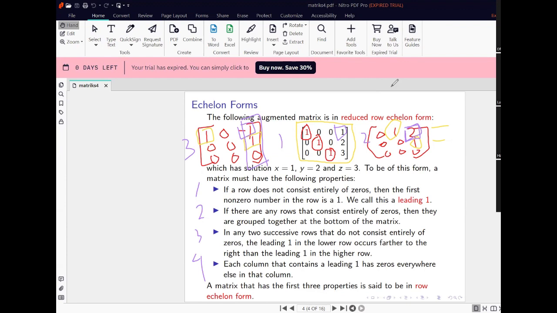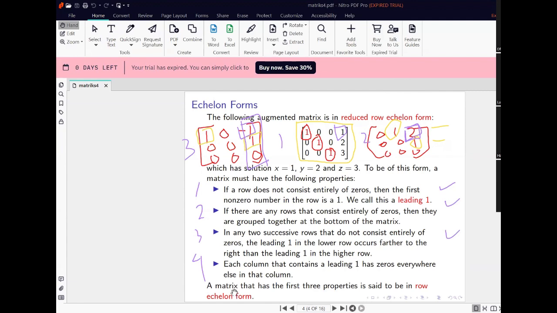When the transformation of the augmented matrix meets properties 1, 2, and 3, it's called row echelon form.